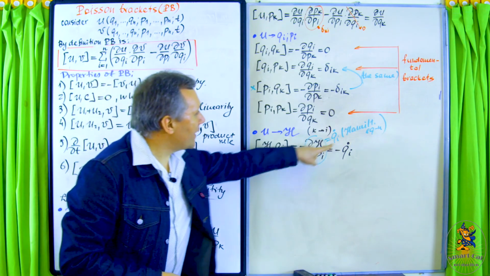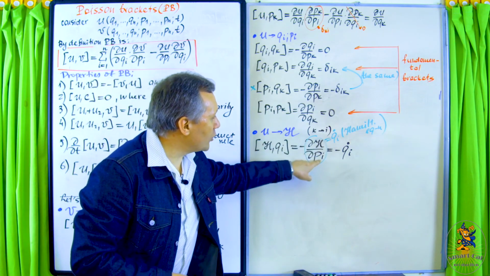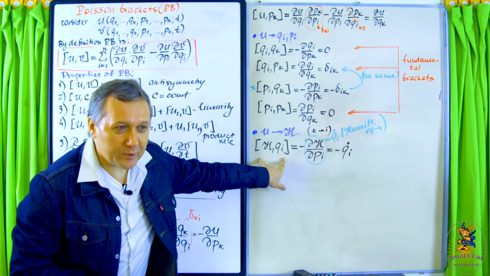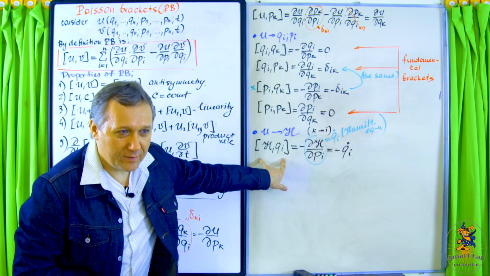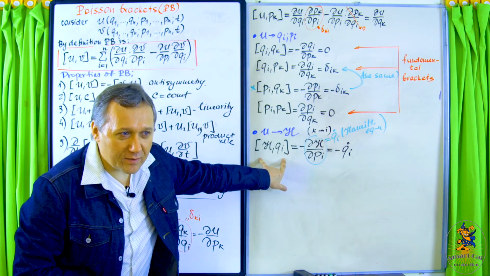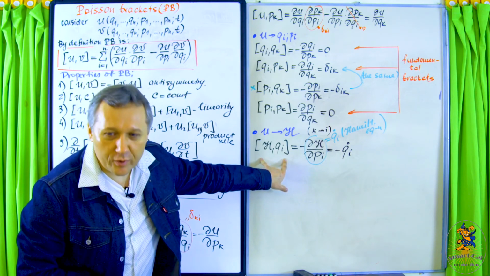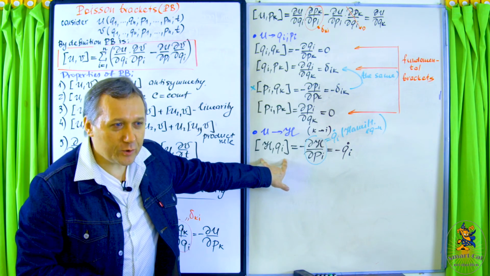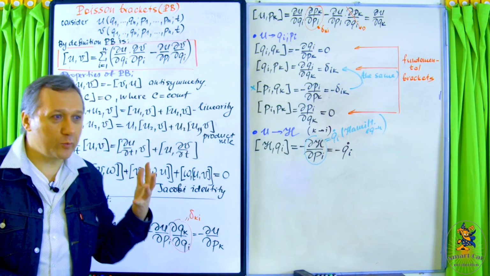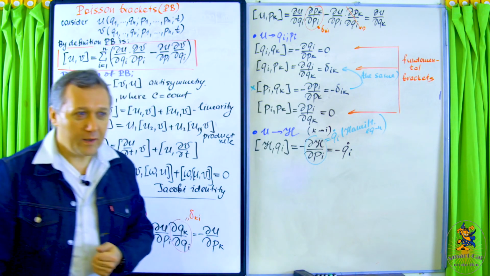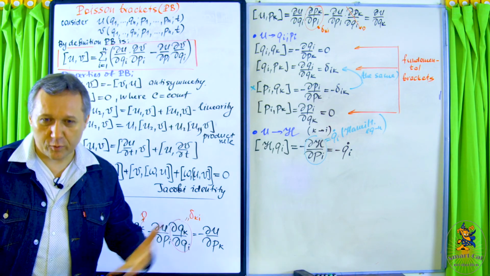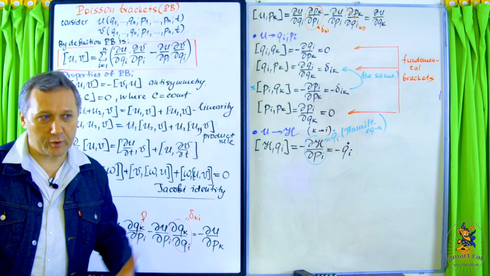It means that in our Hamilton's equation, dH over dp_i, I can replace with this Poisson bracket. And it means that I can rewrite our Hamilton's equation using Poisson brackets. Basically, using this Poisson bracket, we can reformulate the whole of classical mechanics in the Hamiltonian world.